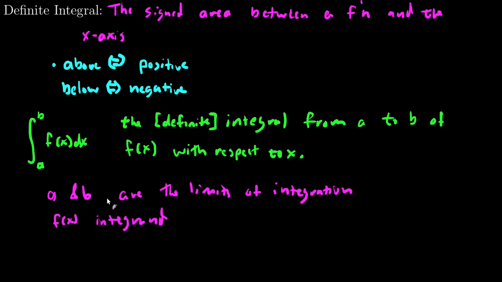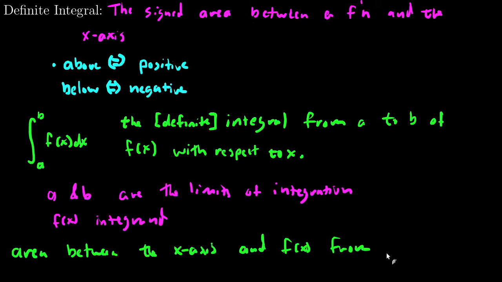And this is basically the area between the x-axis and f of x from x equals a to x equals b. For now, I'm going to ensure that a is always less than b. If these are flipped, where I'm going from a large number to a smaller number, then it will change the sign, and we'll see that in a later video.